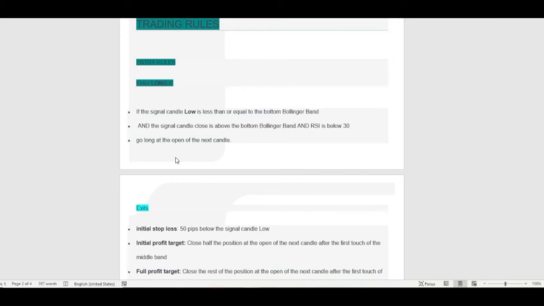And your close for that candlestick should be above it, no matter if it's red or green. The last one is your RSI should be below 30. Then you can go long on the opening price of the next candlestick.